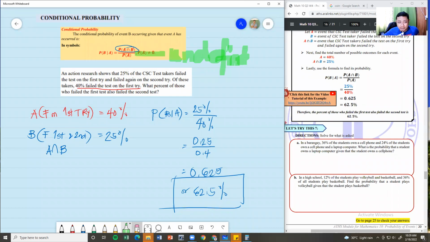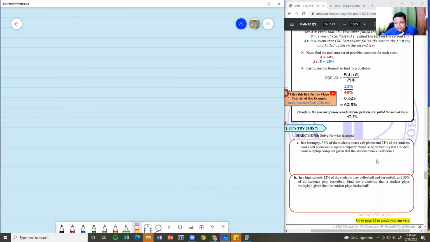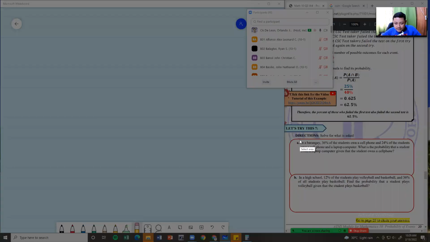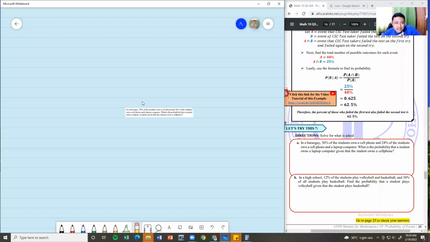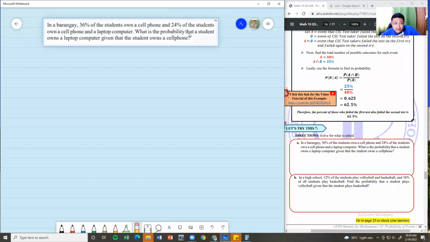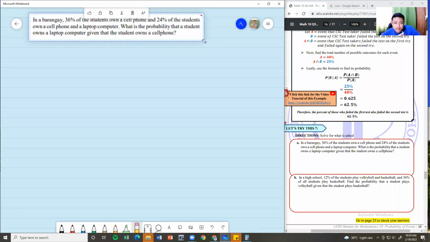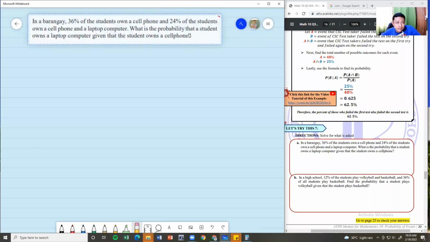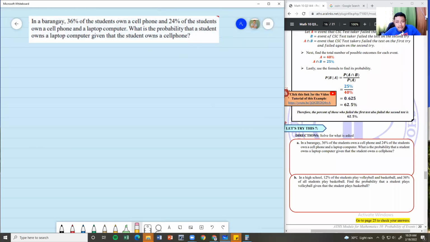Let's have another example. Let's try this activity. This is easier to understand compared to the CSC, because the CSC is already for civil service, but this one is a lot more understandable at your level.